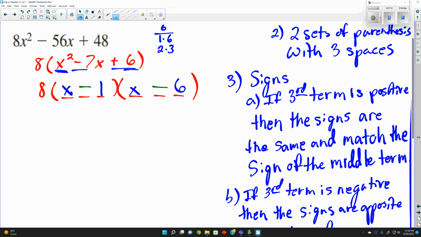Now, according to most math textbooks, what they'll tell us to do is multiply x times x and x times negative 6, and then negative 1 times x and negative 1 times negative 6. But where did we get x and x from? X squared. They're the factors of x squared, yes? So will these first two spots always get back to our first term?